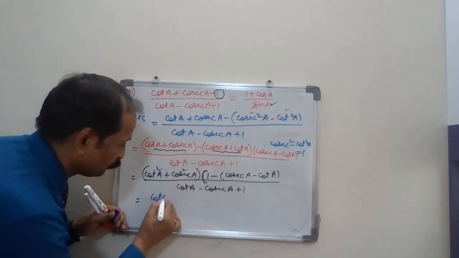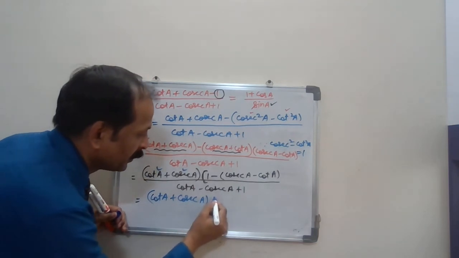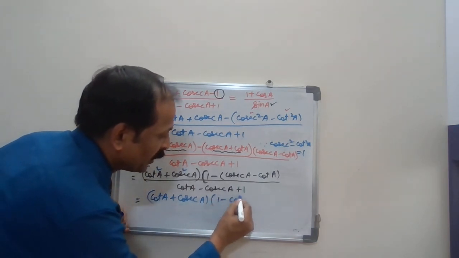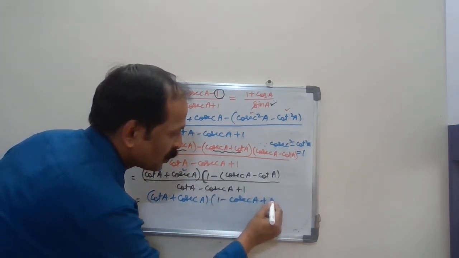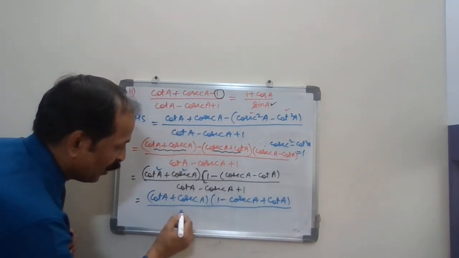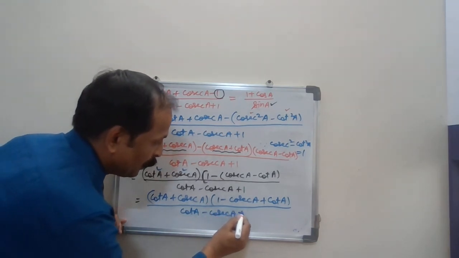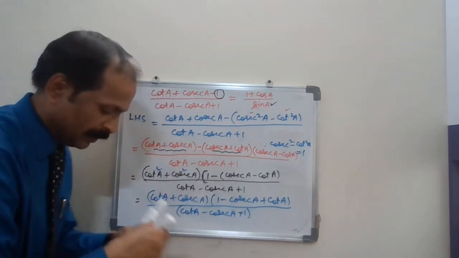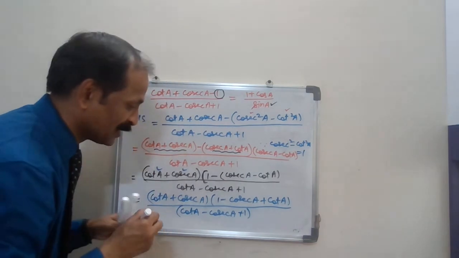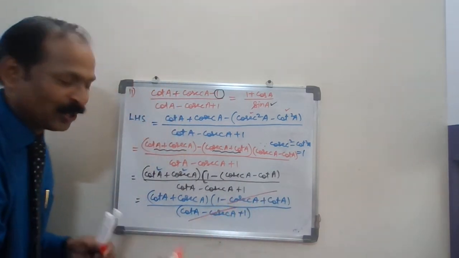So cot A plus cosec A in one bracket, and here 1 minus cosec A plus cot A, and down is cot A minus cosec A plus 1. Now see, they both are same, so you can cancel them, and you got your answer.